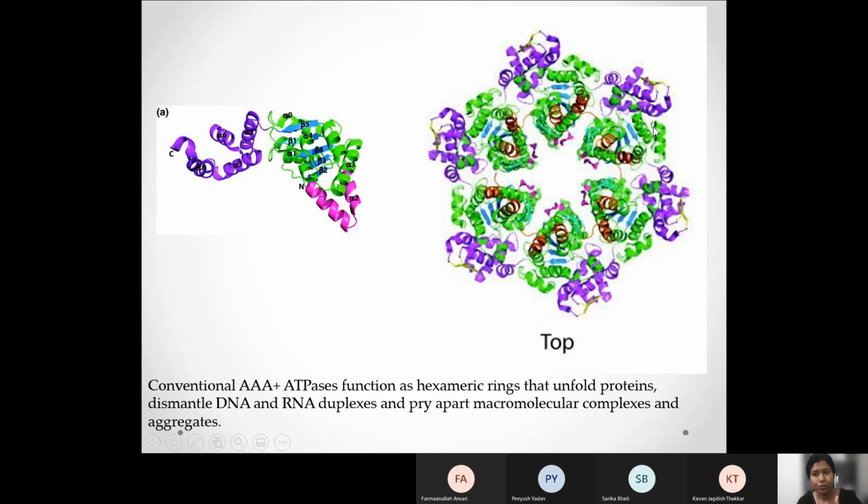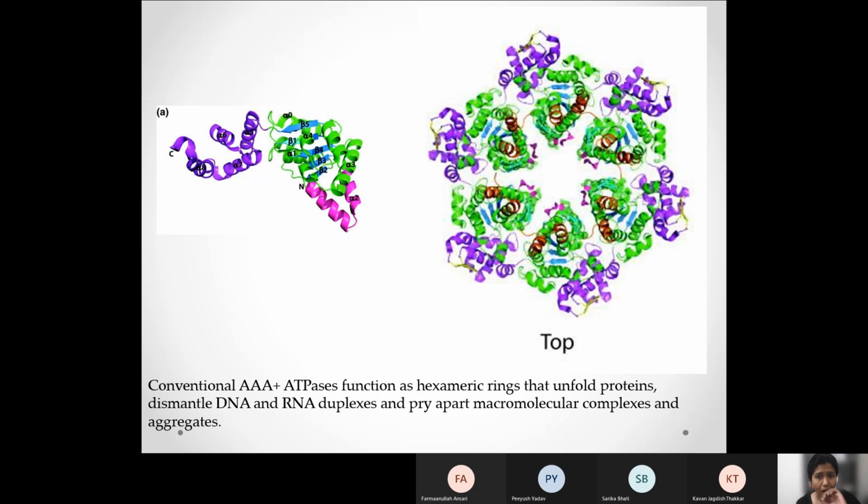So binding of ATP and ATP hydrolysis here requires the help of the subsequent subunits. And so this is essentially one functional unit of AAA ATPase, where each subunit is able to hydrolyze ATP and is able to function in, say, unfolding of a protein or unraveling of a DNA double helix. So all kinds of functions it does.